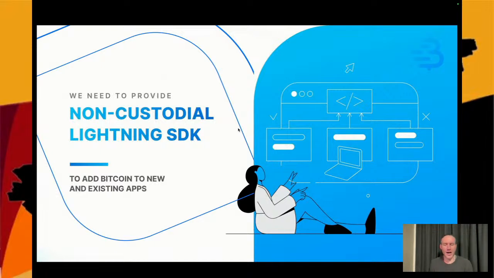And where the Breez app made using Lightning very easy, the Breez SDK basically makes developing apps that integrate Lightning payments very easy. And I'll show you exactly what the Breez SDK does, and I'll give a demo explaining why it's so easy.